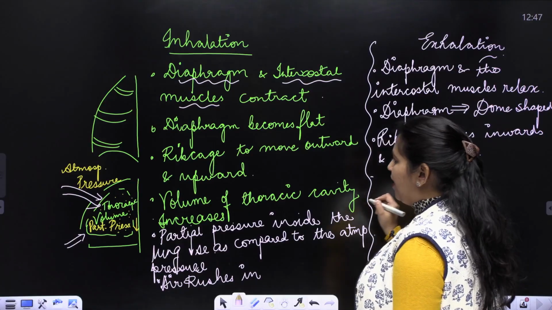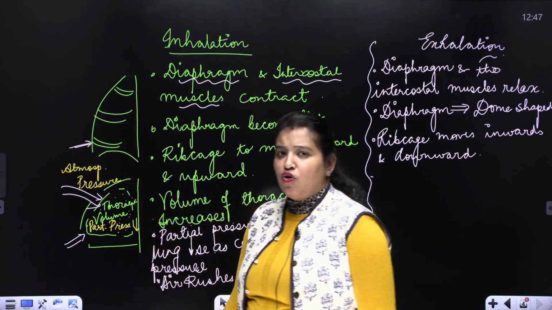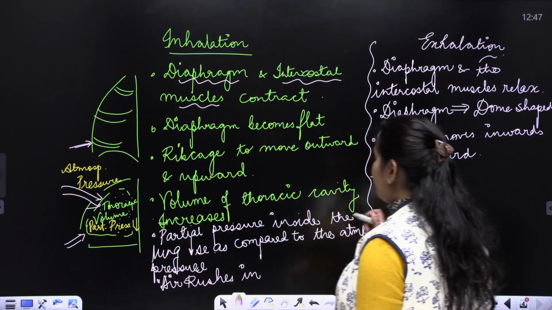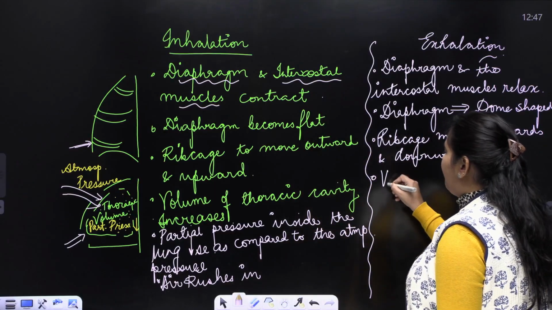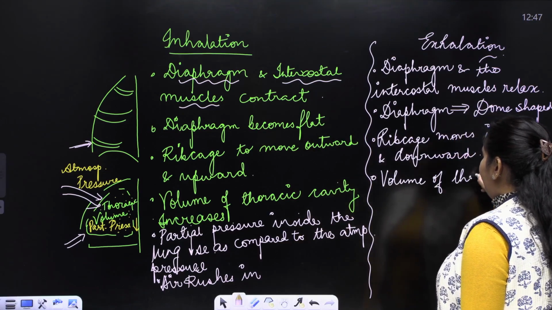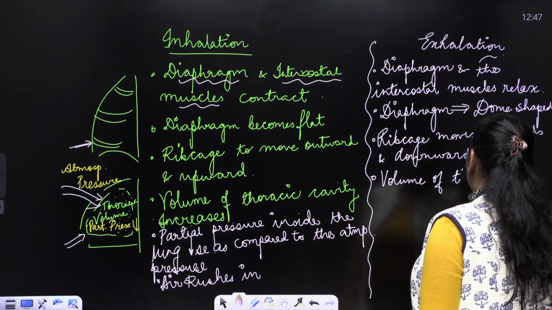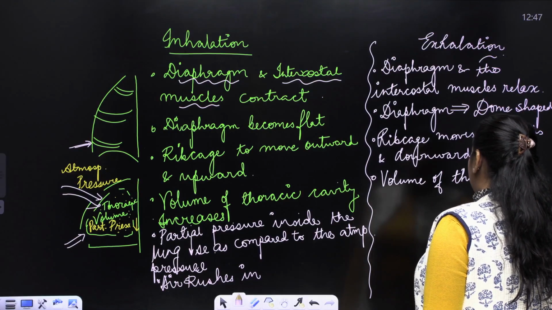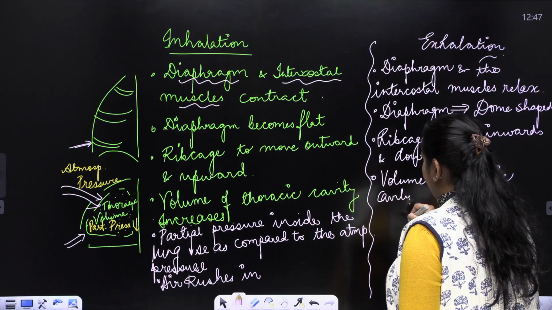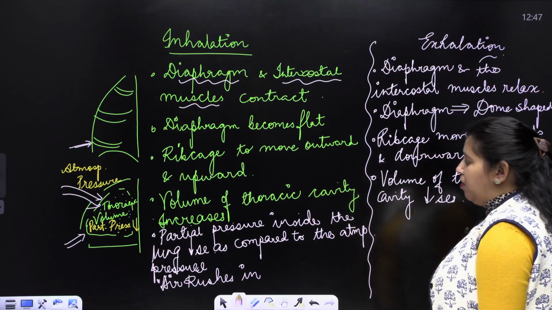So, once the diaphragm again comes to this position, that is dome shaped, and the rib cage again moves inward and downward, what will happen to the volume of the thoracic cavity? The volume of the thoracic cavity will decrease. The down arrow shows decrease. All right.